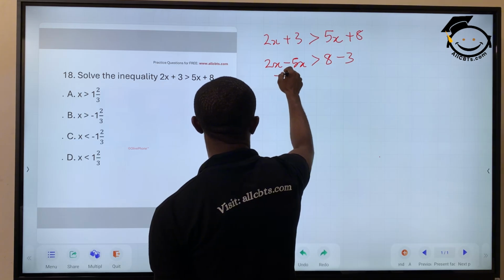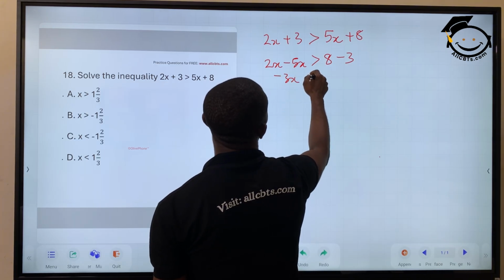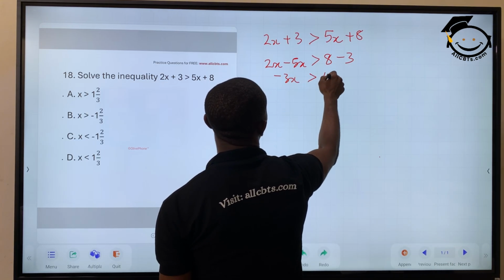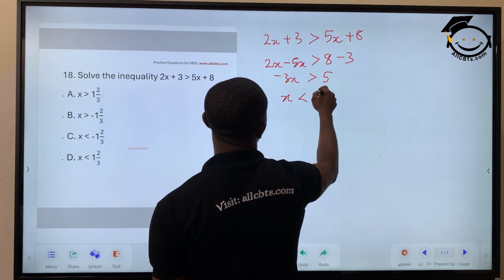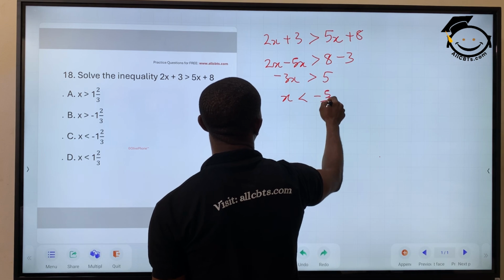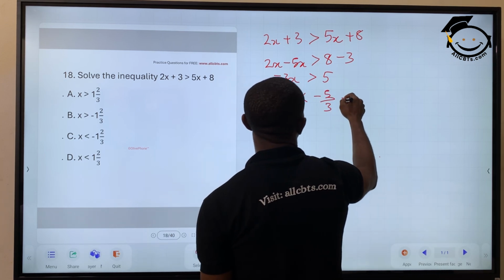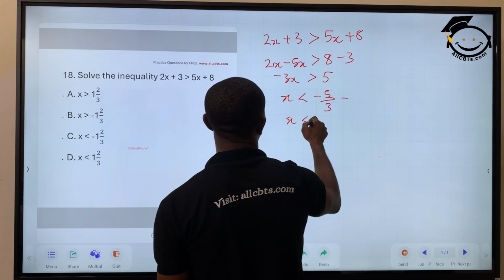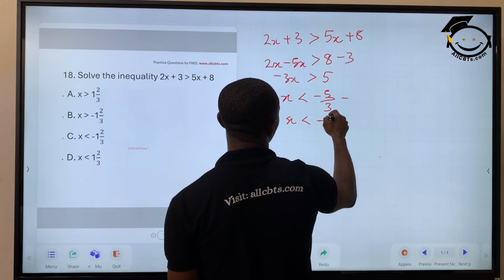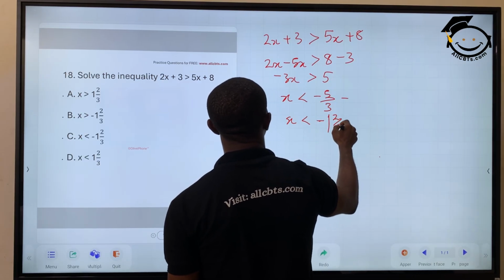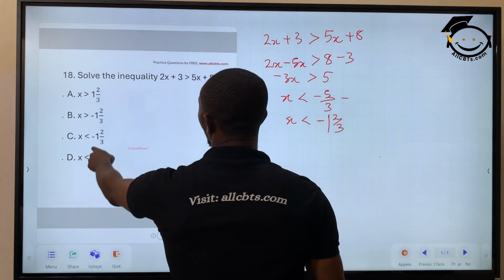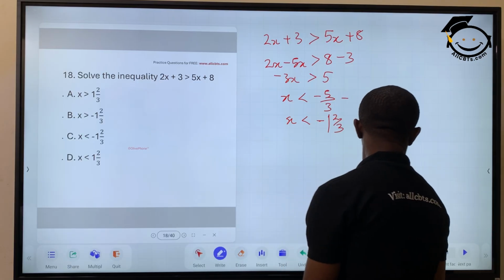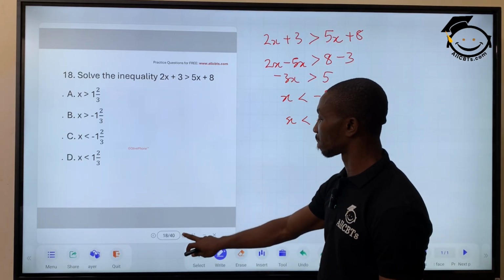Okay, so this gives us minus 3x is greater than 5. So x will be less than minus 5 over 3, which gives us x is less than minus 1 whole number 2 over 3.